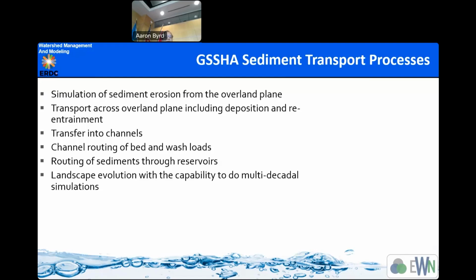And then in GSSHA we have the deposition. There are trap efficiencies that we utilize. GSSHA all coding and how we implement the process, there's a long history. Some of the equations were really developed, so-called trap efficiency.